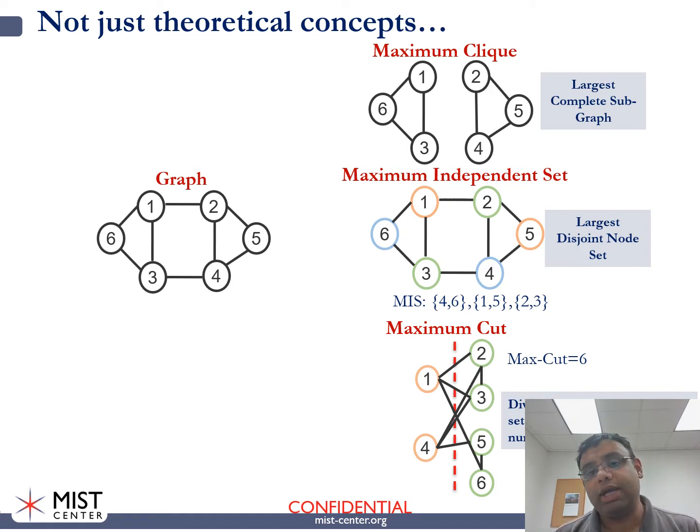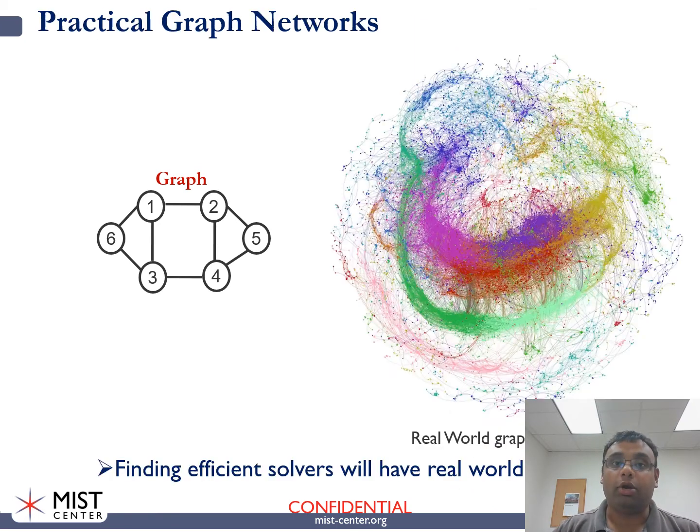And so again, this is the maximum cut problem, which is a commonly used benchmark problem when it comes to solving combinatorial optimization. Now, of course, the problems that we looked at in the last slide were very small, but in reality, practical real-world networks have really large graphs, as shown by an example graph here.